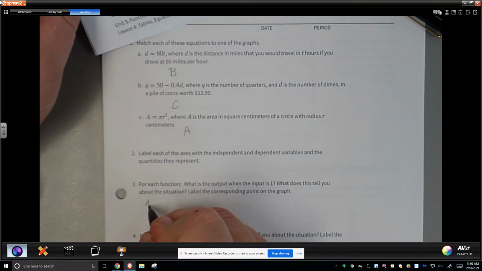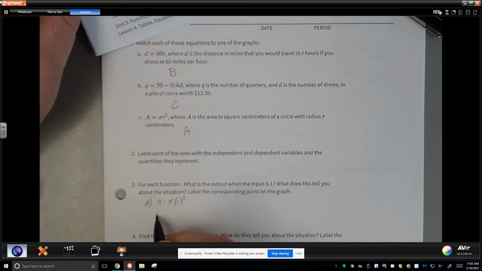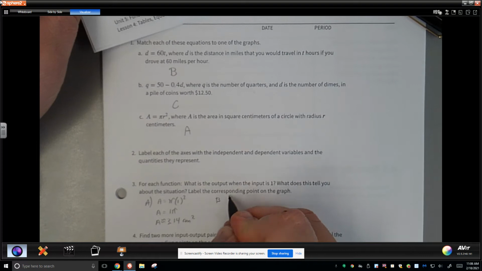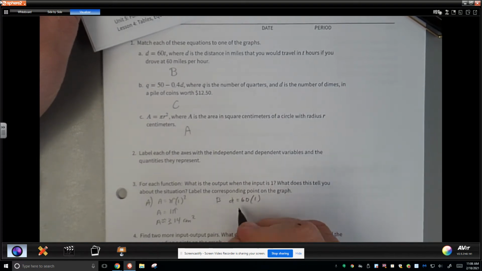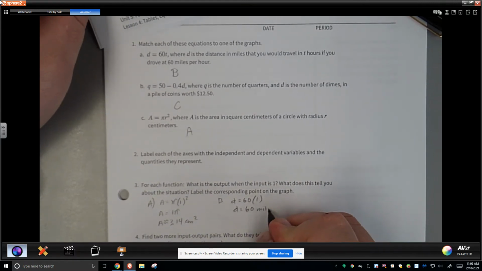For A, we have area is equal to pi times the radius of 1 squared. That would mean that the area is equal to 1 times pi, or the area is approximately 3.14 centimeters squared. For B, we're talking about the distance is equal to 60 times 1 hour, so the distance is equal to 60 miles.